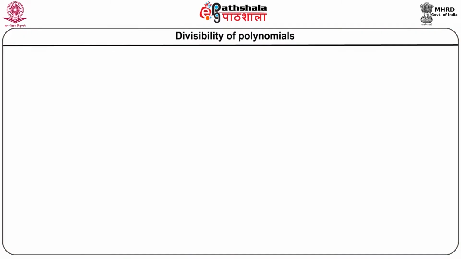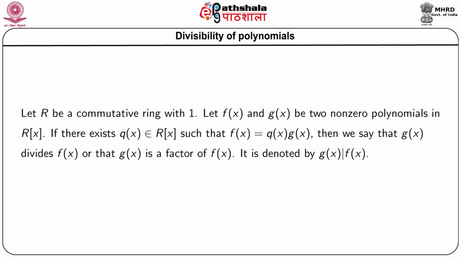Here also we see that the analogous result which we call division algorithm for polynomials also asserts existence of two polynomials which we will call quotient and remainder, but it does not give any formal procedure how to find quotient and remainder.